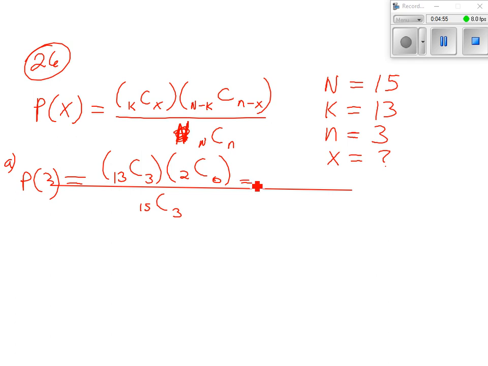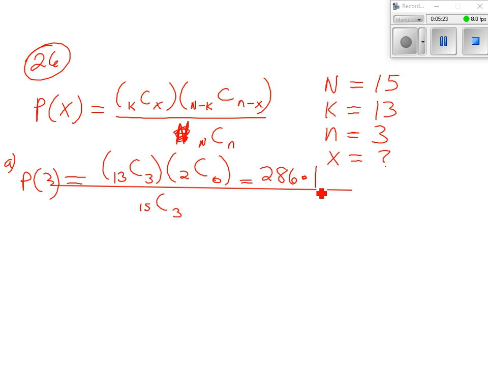If I was doing this on my calculator, I'd find this number, write it down, find this number, write it down, find this number, write it down. So what's 13C3? 286. Times what's 2C0? 1.